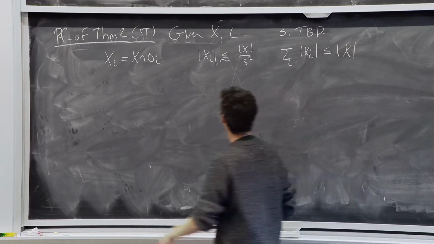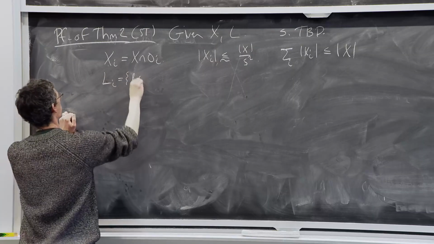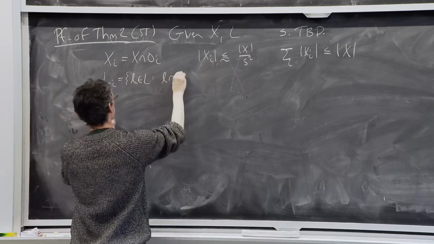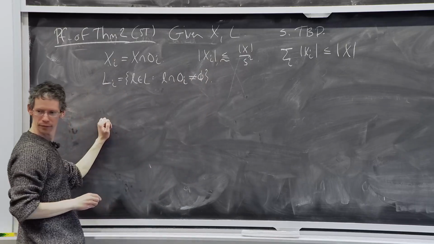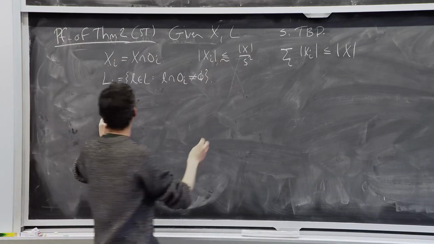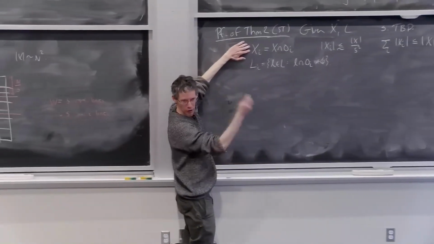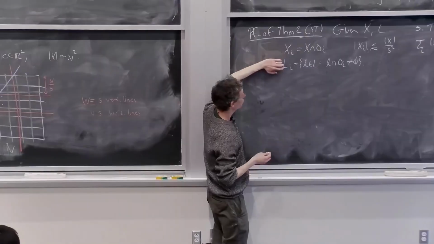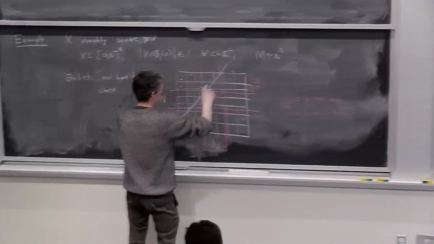Now let's say that L_i is the set of lines that intersect the cell O_i. Now these X_i are disjoint. Each point is only in one cell. These L_i are not disjoint, because a line goes through many cells.